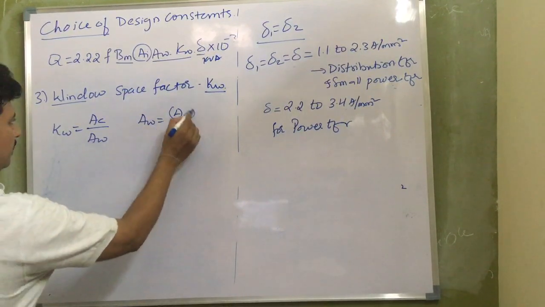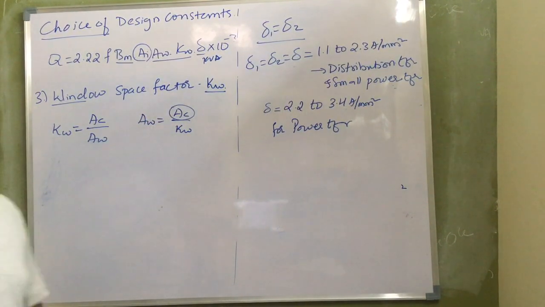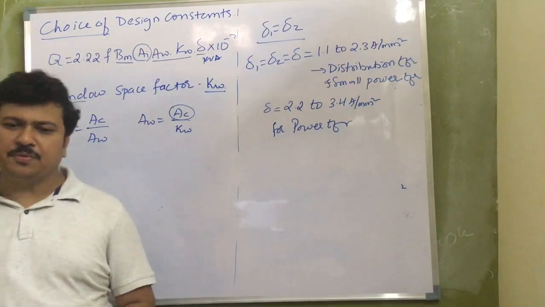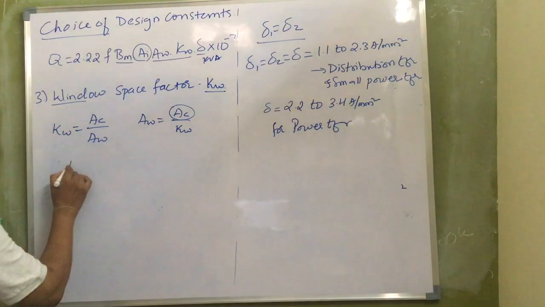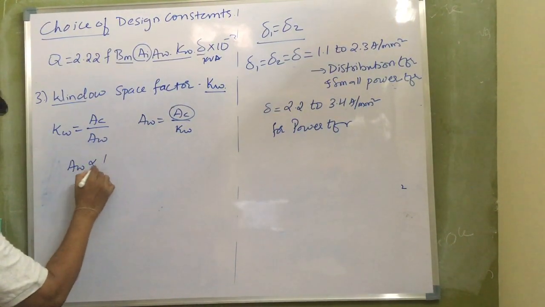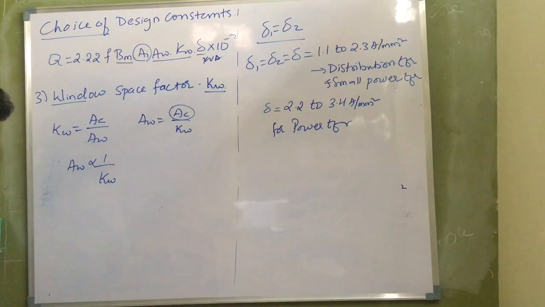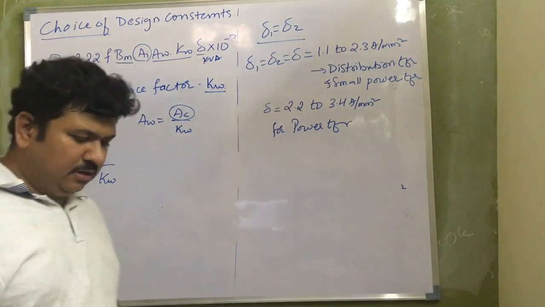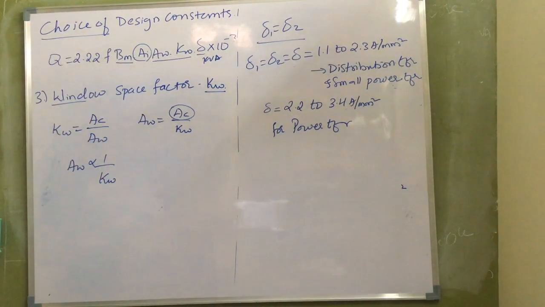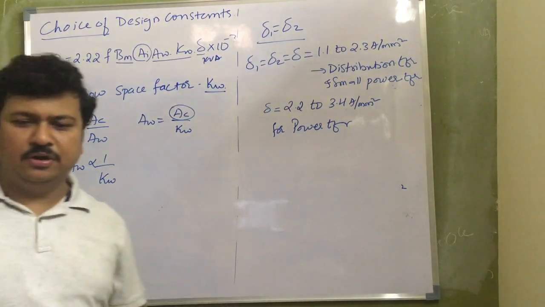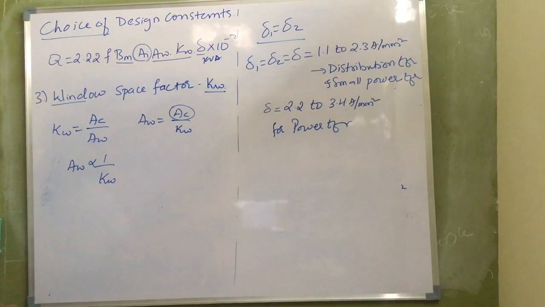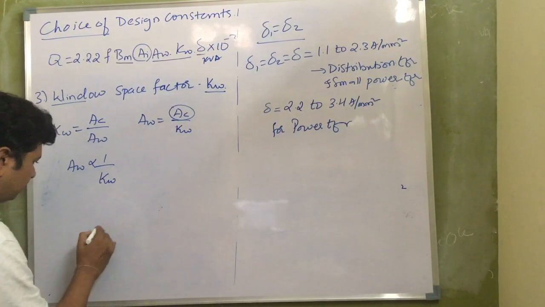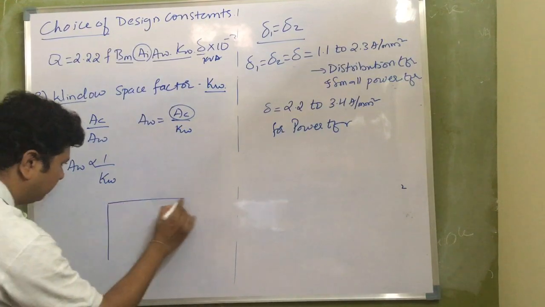Now we see that area of copper is apparently remaining constant because area of copper depends upon the current densities and the current values. Therefore, my area of window is inversely proportional to window space factor. If I choose a large value of window space factor, I will get a smaller value of area of window. If the area of window decreases, you can see here, this is a transformer frame.